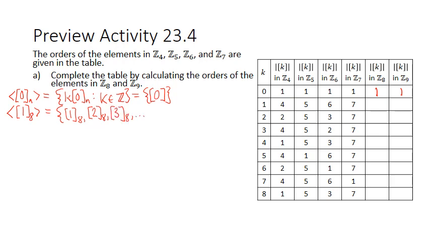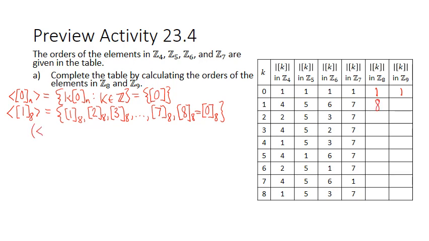You just keep going like that, and then you get 7. And if you go to the next one, you get 8, which is the same as 0. Once you've got 0, you're really done, because you got the whole group. So the cyclic subgroup generated by 1 in Z8 is all of Z8. So that's going to have an order of 8.